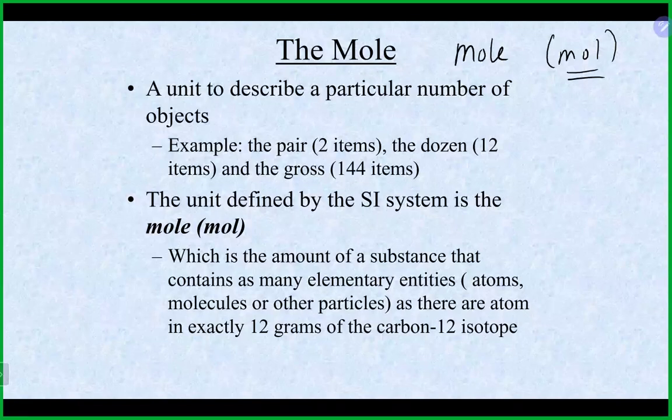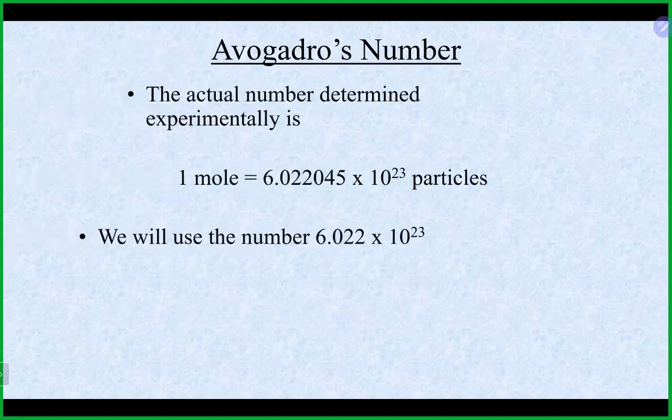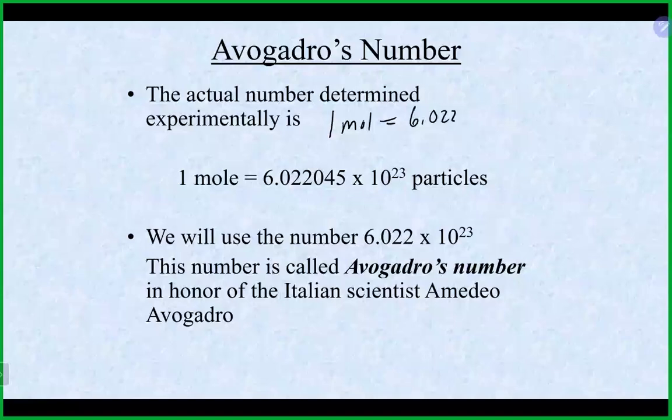So a mole represents the amount of elementary entities in 12 grams of the carbon-12 isotope, the standard that was used for the atomic mass. And really, what a mole equals is our friend Avogadro's number. One mole of anything will equal Avogadro's number, which is 6.022 times 10 to the 23.